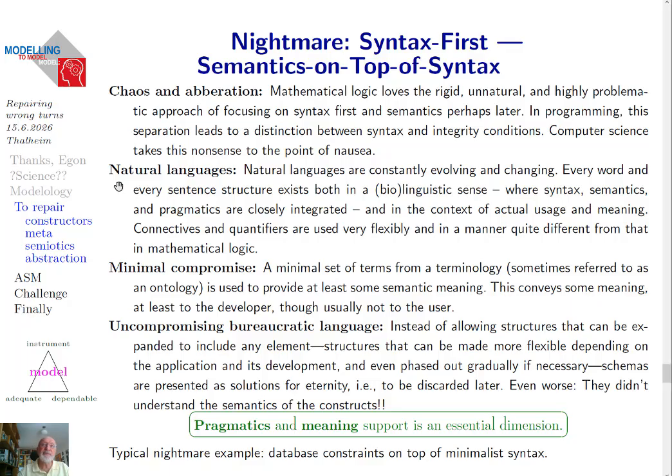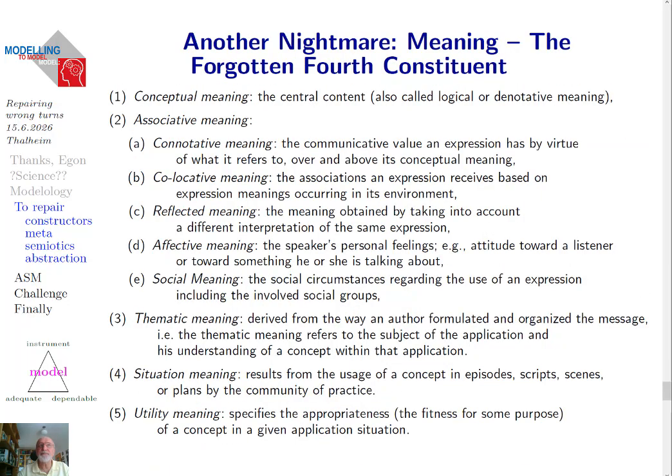Natural languages are constantly evolving and changing. Maybe we should look for a minimal compromise, and maybe we should go away from any kind of bureaucratic languages. And additionally, we should know that pragmatics is important, at least whenever we want to consider humans, and meaning is the cognitive dimension that we should not forget.